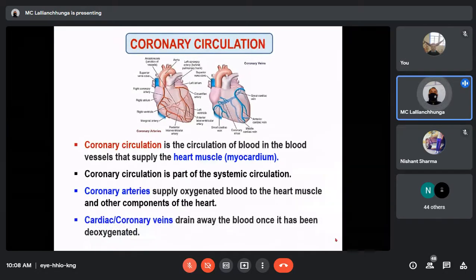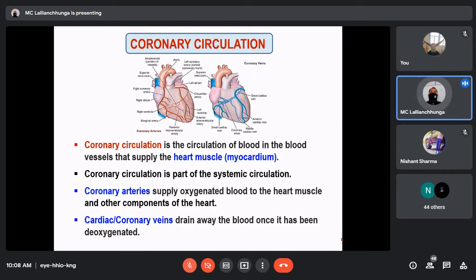So what about the coronary veins or cardiac veins? They drain away the blood once it has been deoxygenated, that means they carry deoxygenated blood. In this diagram you can see the structure of the heart, showing coronary circulation.